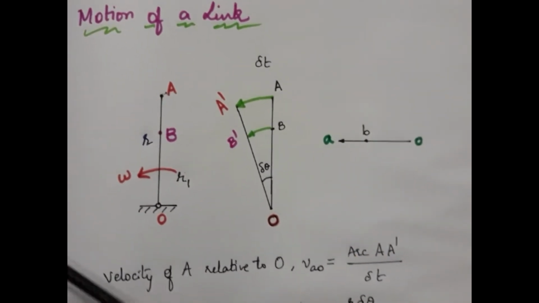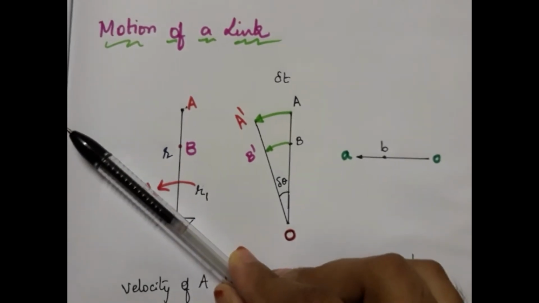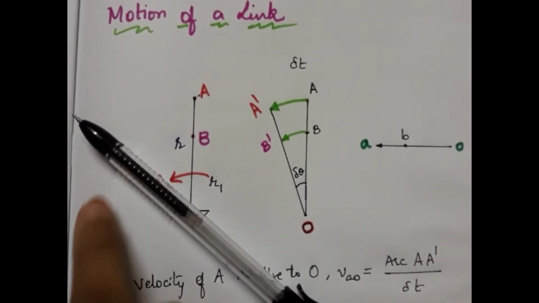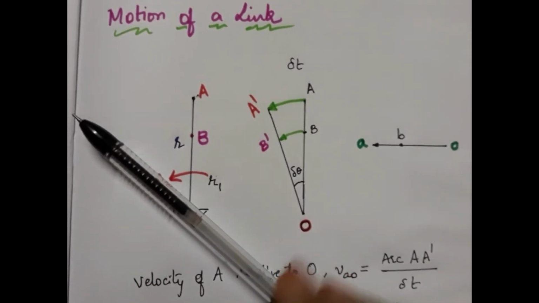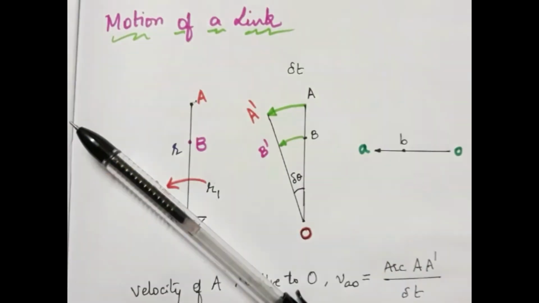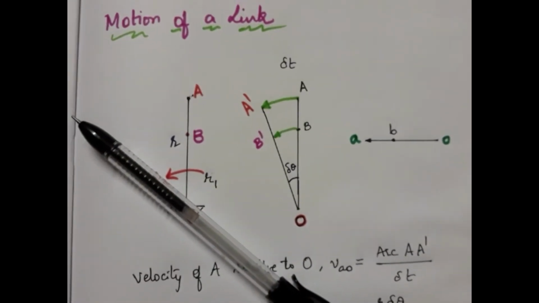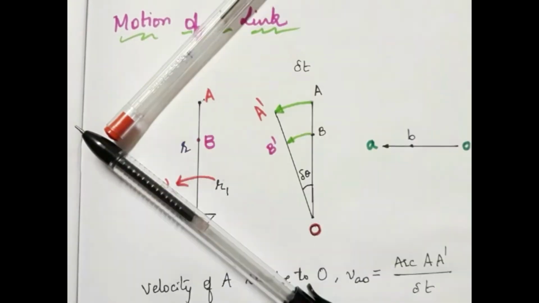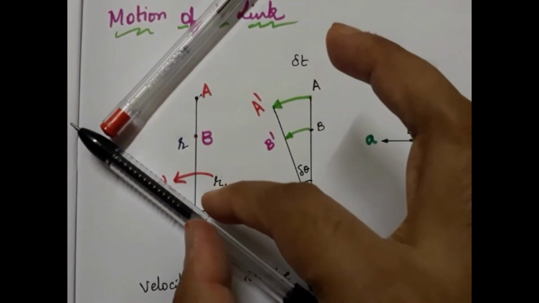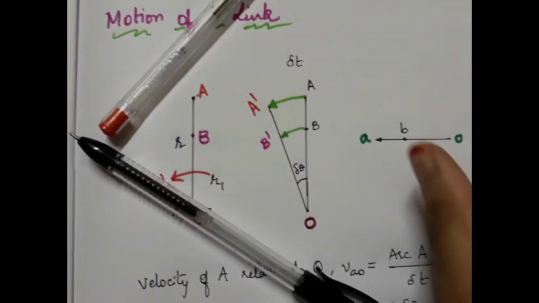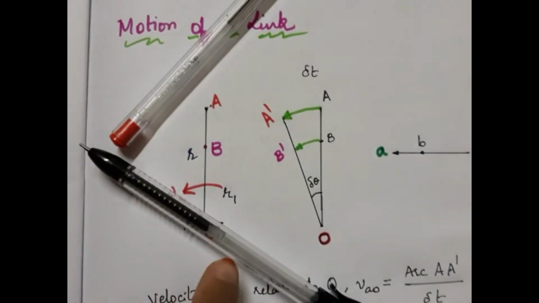In some other instant, say when OA is inclined with respect to horizontal, making some angle theta here, that time this velocity will be perpendicular to this link. So we will have our velocity diagram perpendicular, and if this link is rotating in anti-clockwise direction, that time our vector will be acting downward, perpendicular to the link.